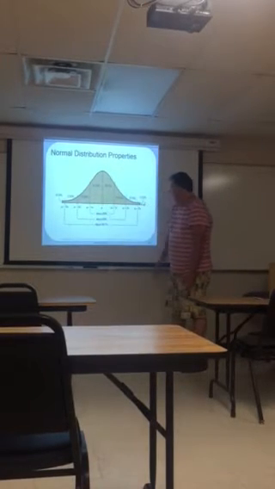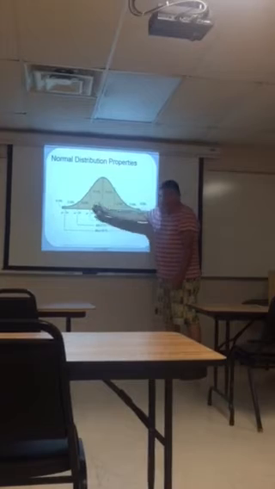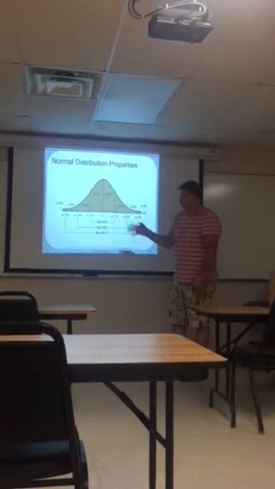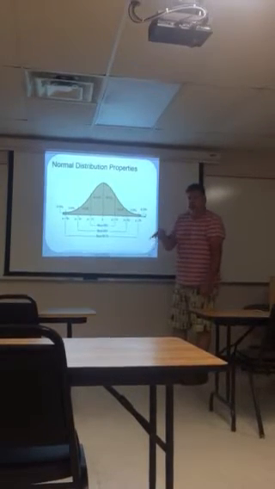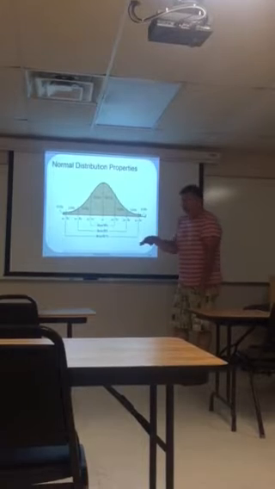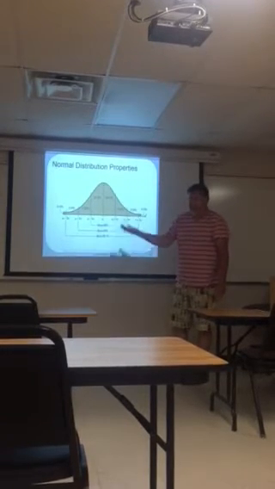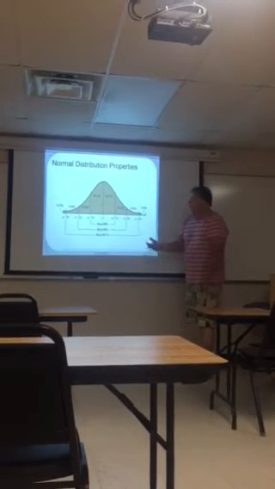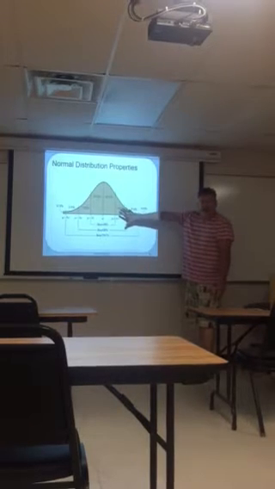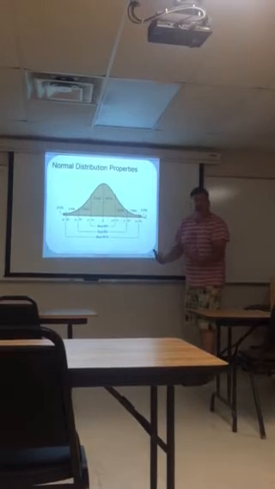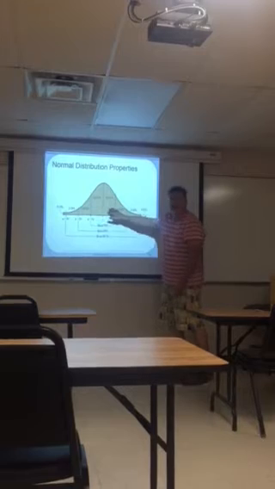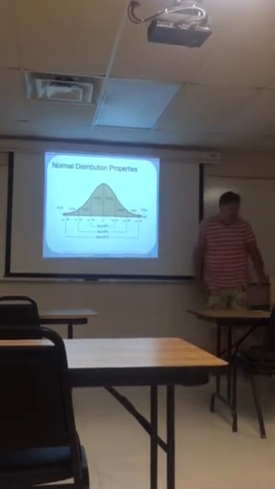But always remember that these numbers are constant. No matter what values of X that you get for some test or some instrument, if you plug them into a standardized curve and you standardize your instrument, they're always going to have these percentages, always.